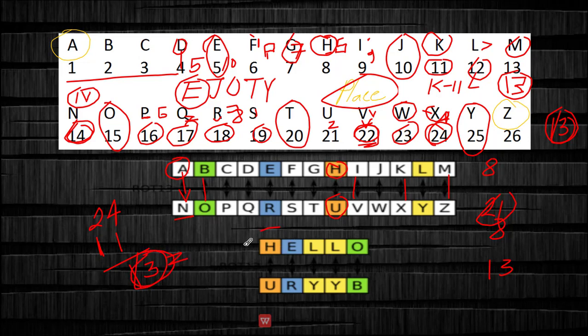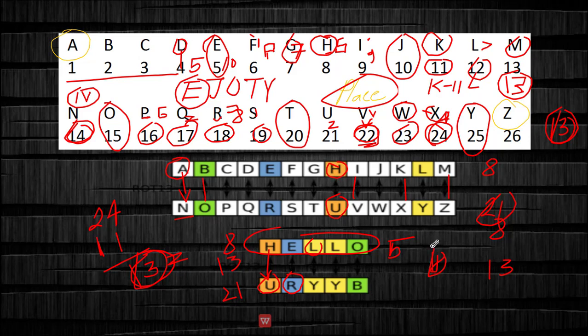For example, we can say hello. So what will be the opposite of this hello? H is 8, so we add 13, that means 21. U is 21. E's value 5 plus 13 is 18, and we know R is placed at 18.